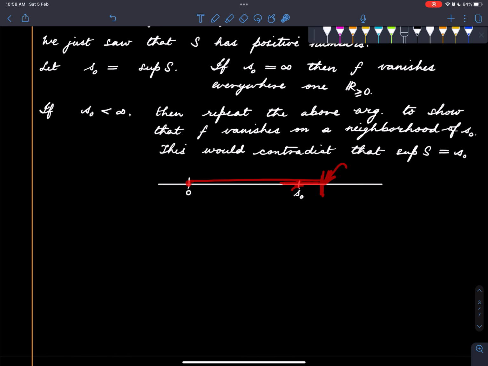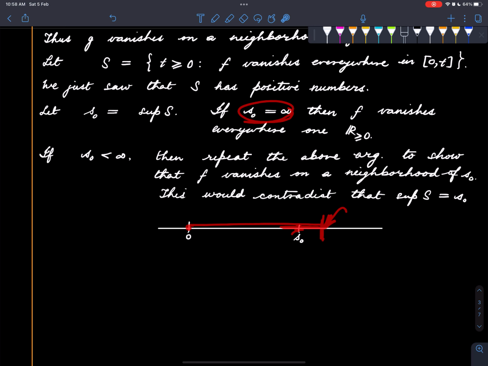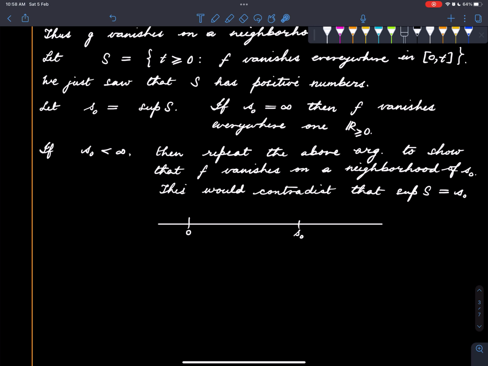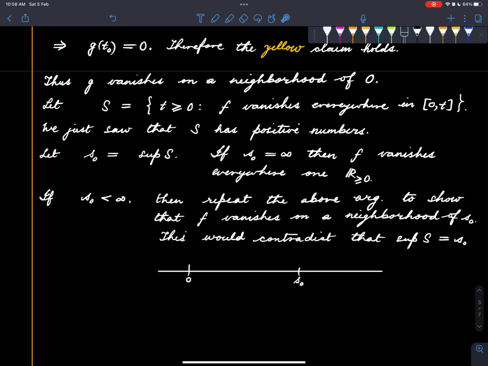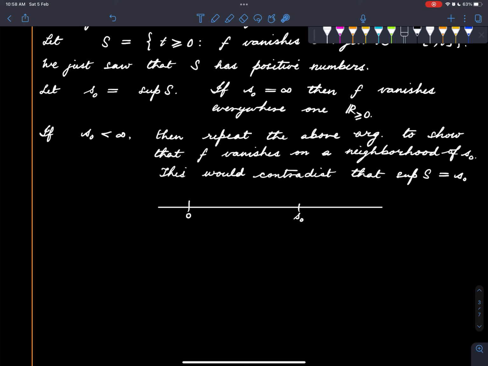So in conclusion, s₀ will have to be infinite, and hence we have shown that this set is unbounded, which implies f vanishes everywhere on the non-negative real line. And similarly, you can show that f vanishes everywhere on this side, on the negative real line.